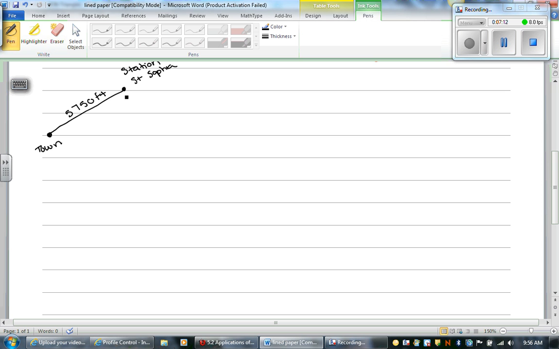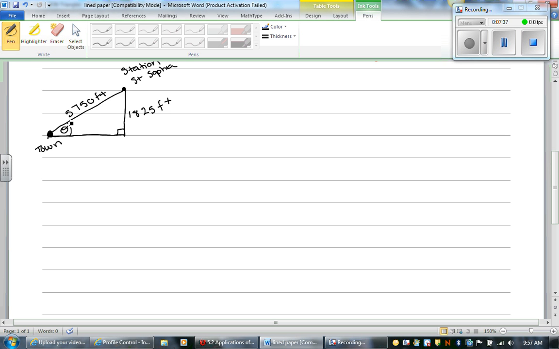We know that that is at an altitude, so that's our height, of 1,825 feet. And what it does is it creates this right triangle. We want to know from the town to Station St. Sophia what my angle of elevation is.